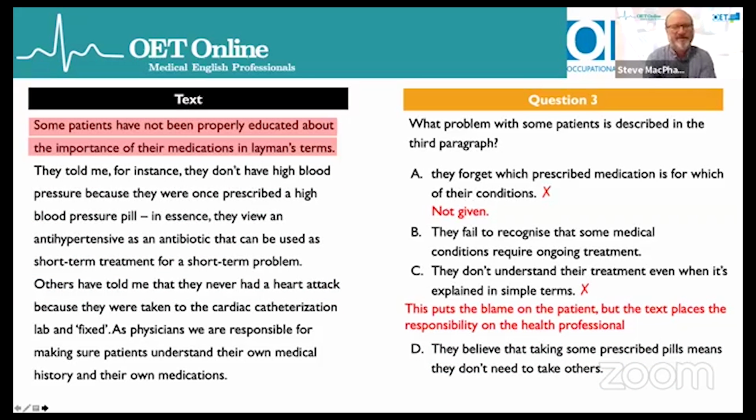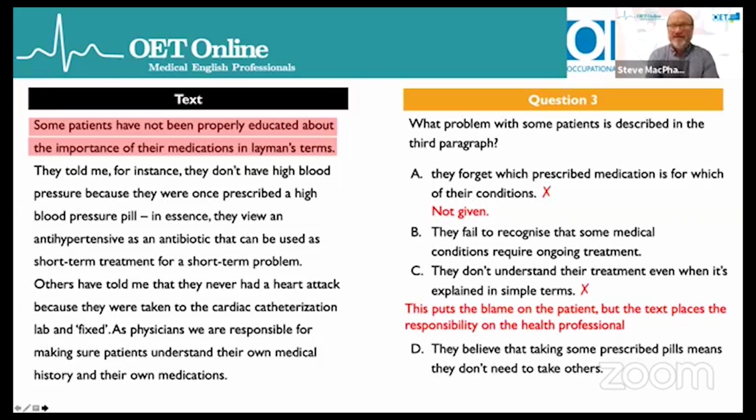And maybe they saw that answer choice C says they don't understand their treatment even when it's explained in simple terms. But this says some patients have not been properly educated about the importance of their medications in layman terms. Now, we could say in layman terms, that is a synonym for simple terms. So I could understand why you chose that. But it's not about the patient not understanding.